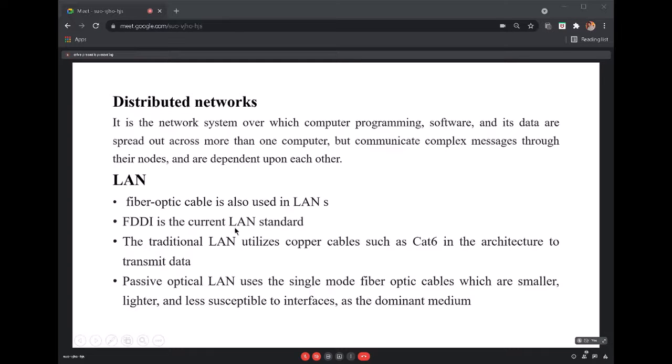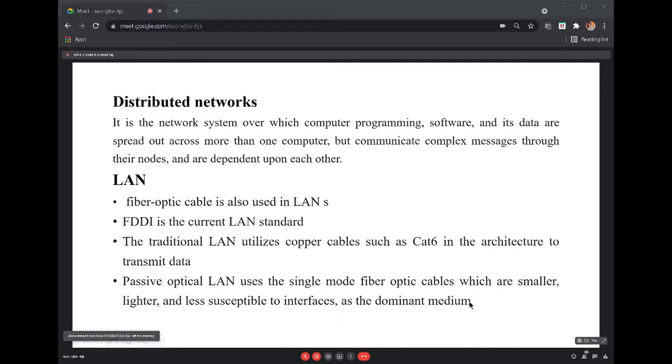All of that has been replaced with optical fiber in order to get higher bandwidth. Passive optical LAN uses single mode fiber optic cables. They are smaller, lighter, and less susceptible to interference as the dominant medium. Okay, so that is with respect to your LAN.